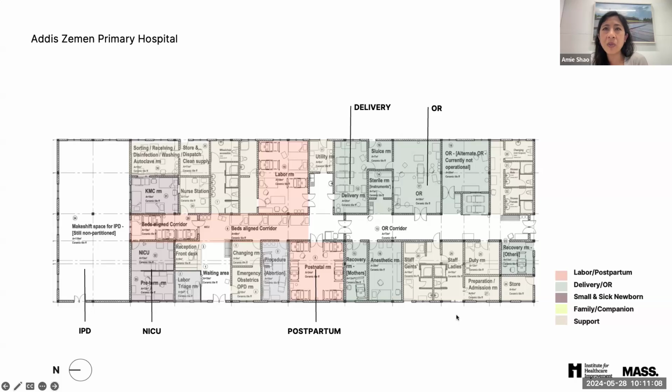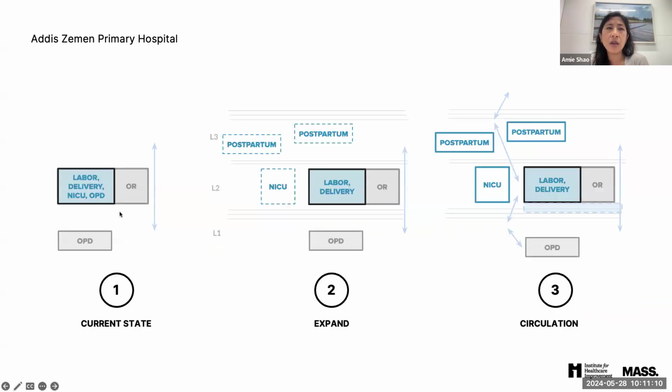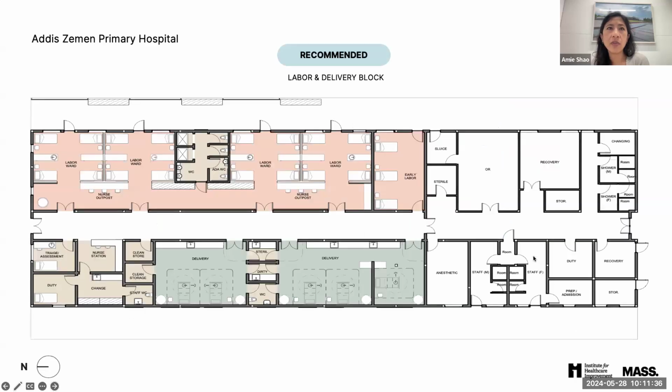So the proposal here was to build out the additional spaces that are needed, keeping delivery and labor in here with proximity to the OR, but building out, this was one of the facilities that had been identified as strategic for an expanded NICU, and then creating additional postpartum spaces as well, tied together with a circulation stair and ramp.